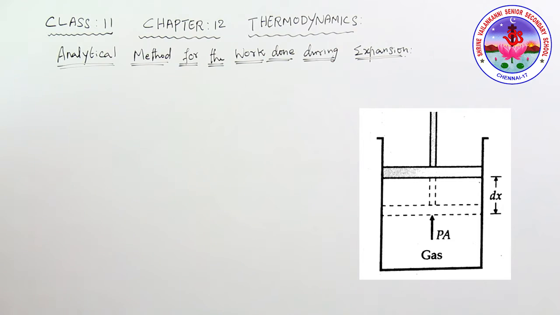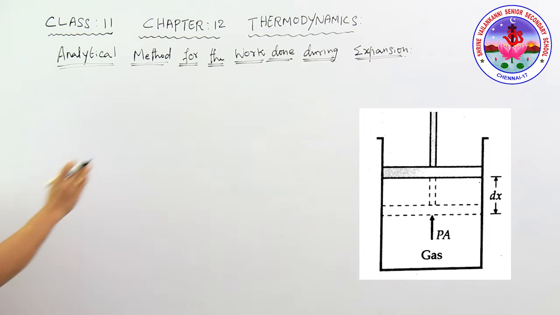See the diagram students, that you can consider there a gas contained in a cylinder of cross-sectional area A and which is provided with a frictionless movable piston. There is a frictionless movable piston which is joined with the container, and you can take P be the pressure of the gas.